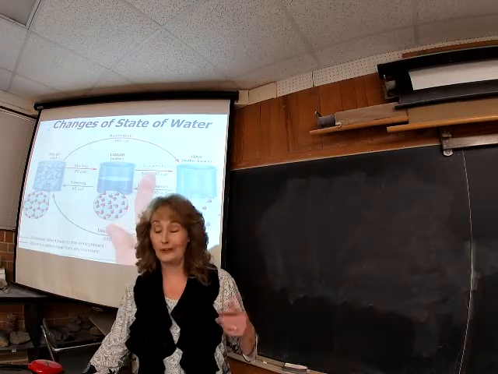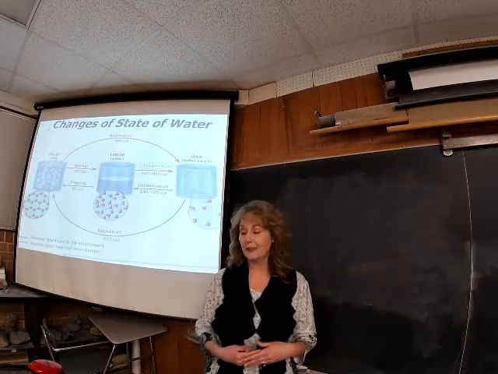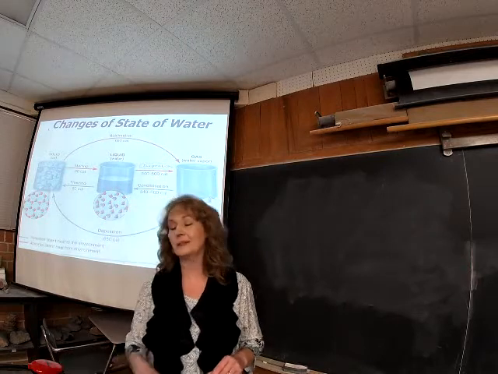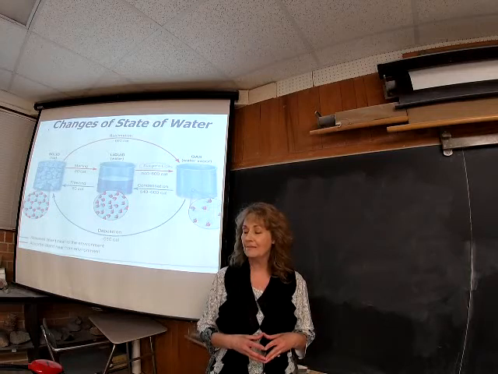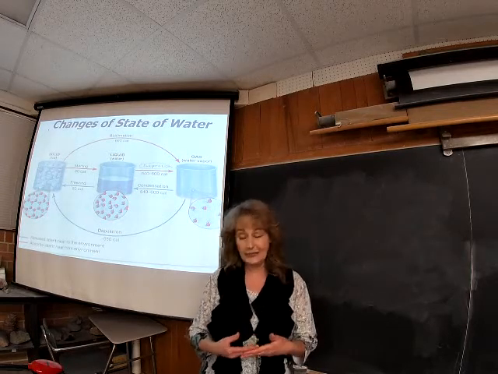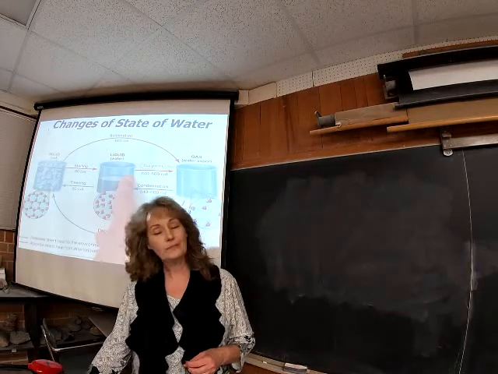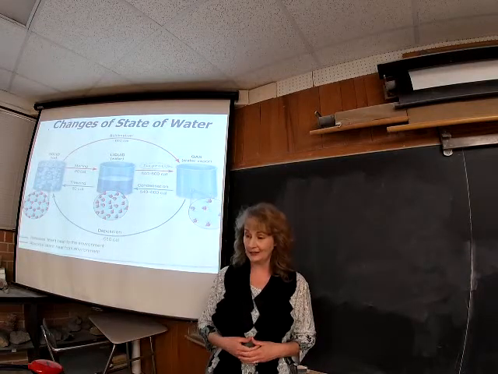They left that off in your PowerPoint, so you might want to fill that in. Evaporation is that process. I know they have 540 to 600, but we're going to keep it simple and say 600 calories. That'll make it easy to remember. So that would be an input of energy, absorbed from the environment, to go from liquid to the water vapor or gaseous state.